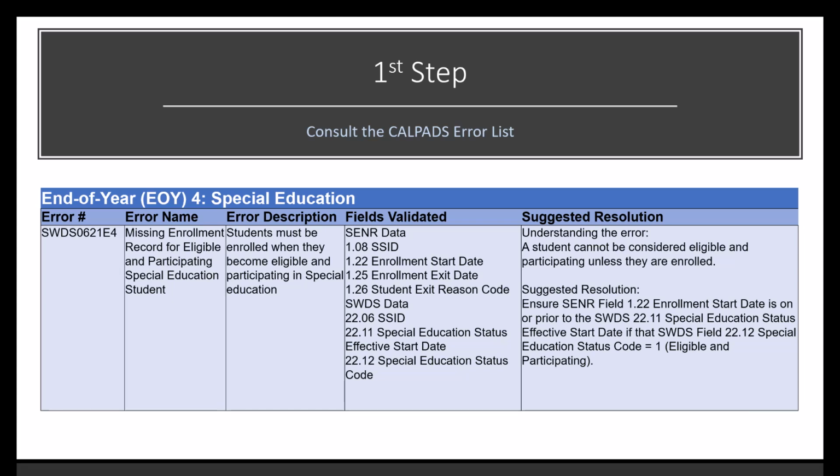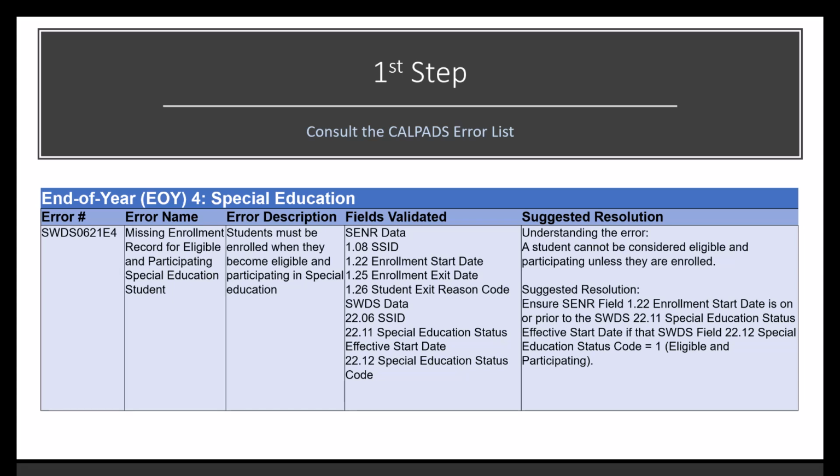correction. So the error description says students must be enrolled when they become eligible and participating in special education. Under the fields validated, you see there's SENR data, and then there's students with disabilities data, or the students with disability status data, and then we have suggested resolution. So we have understanding the error at the top. A student cannot be considered eligible and participating unless they are enrolled.